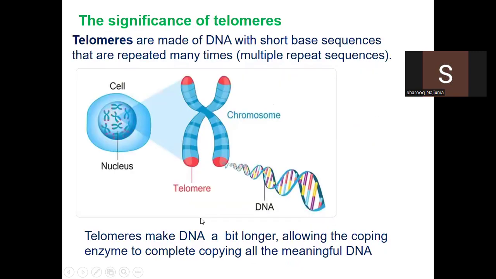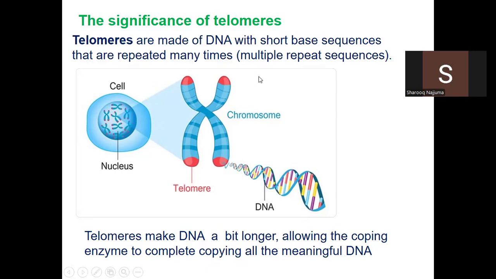So what is the significance of those telomeres? Or what are telomeres? When you look at the tip of this chromosome, this region known as a telomere is part of DNA. However, it is made up of short base sequences that are repeated many times. What does that mean?